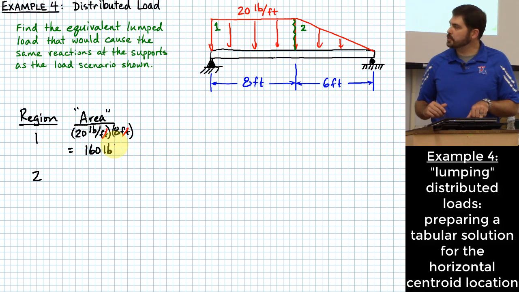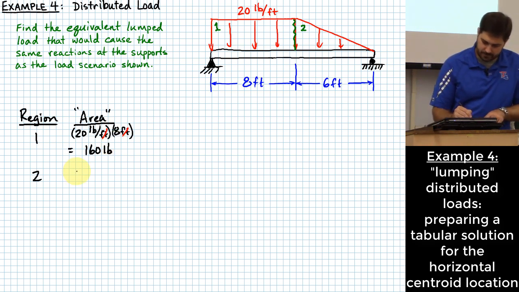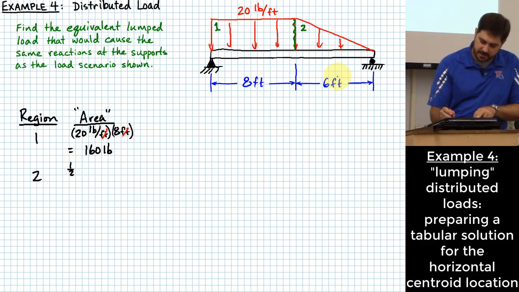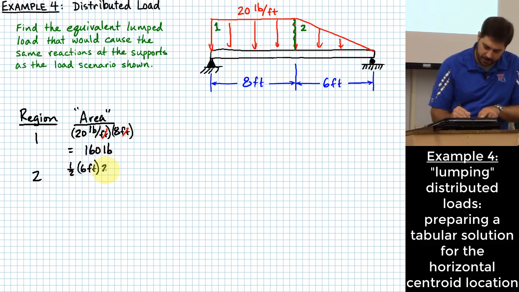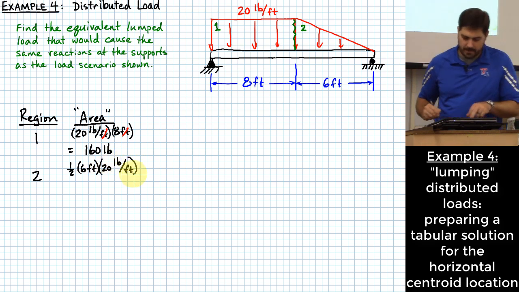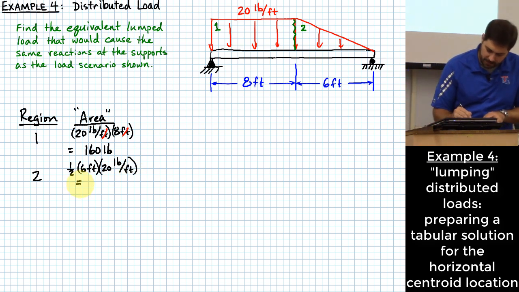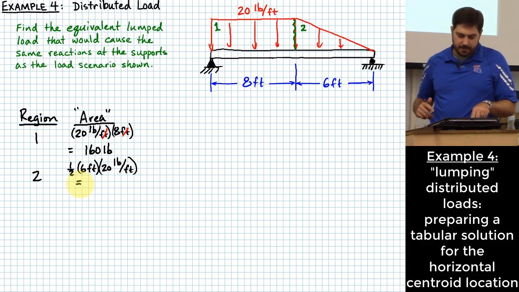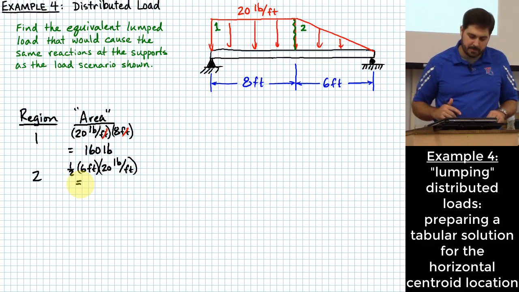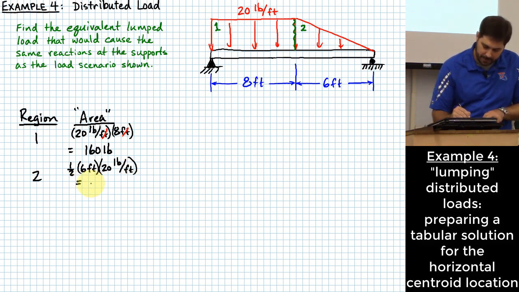What about for region 2? Okay, again, 1/2 times the base. The base is 6 feet. Times the height, which is again 20 pounds per foot. And so the area we come up with there will end up basically being 3 feet times 20 pounds per foot. And what will that be? 60? 60 pounds.